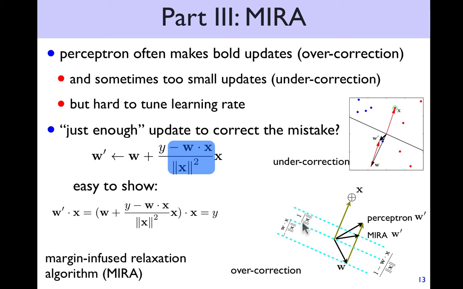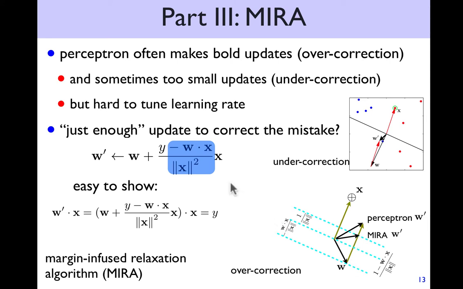The basic idea is that this distance is 1 over the norm of x, and this distance is the dot product divided by the norm of x. So the needed distance is exactly 1 minus w dot x, over the norm of x. And you just need to scale the input vector x to this length.